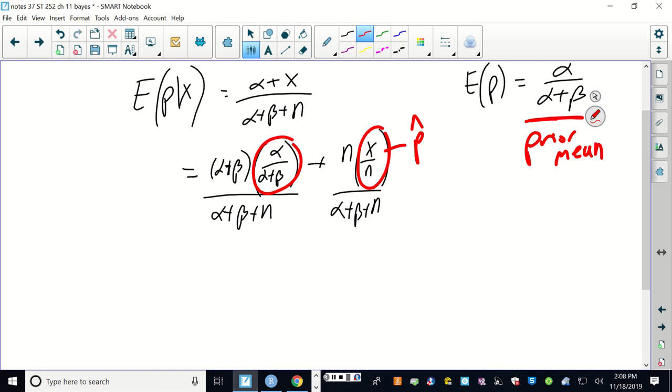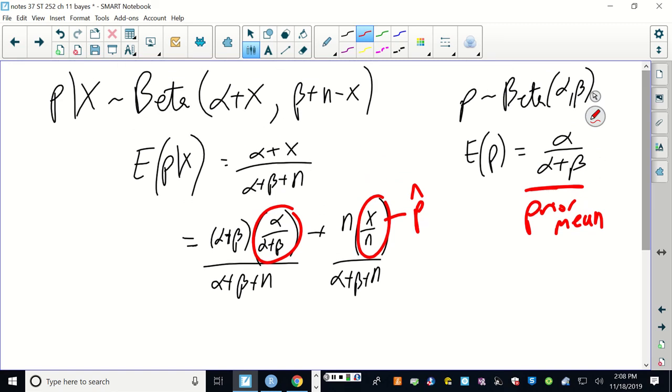When we got the p hat before, we didn't have any prior observation. When you choose these alpha and beta, you can choose them to match a mean and a variance, and I think we'll go through that on Wednesday, to express what you think going into it.